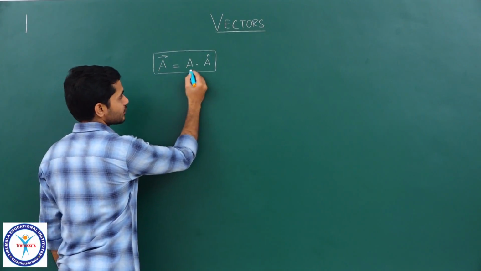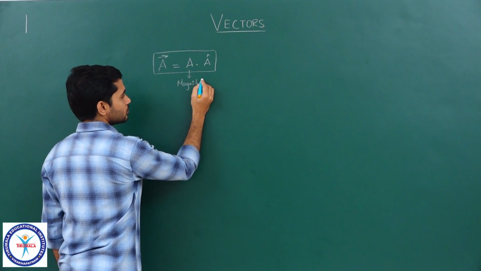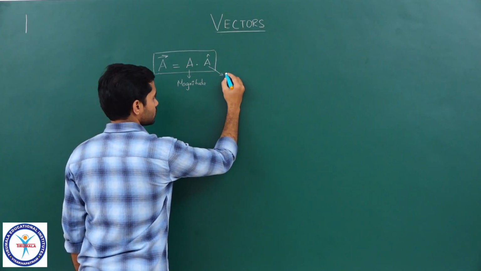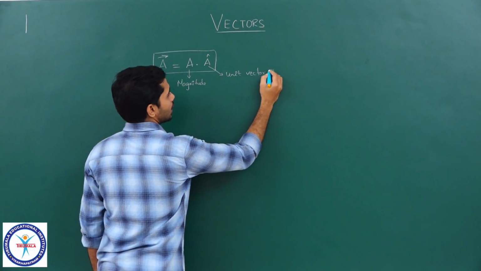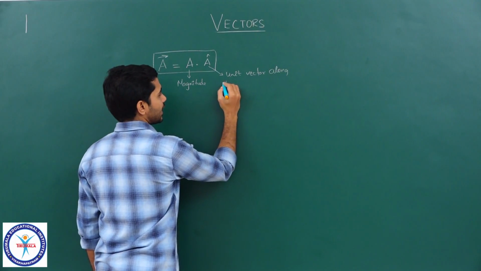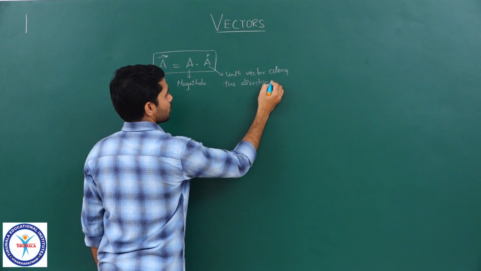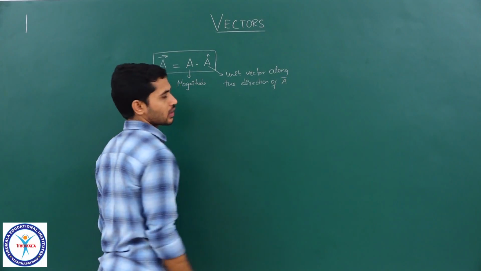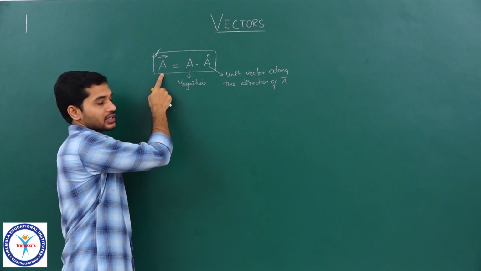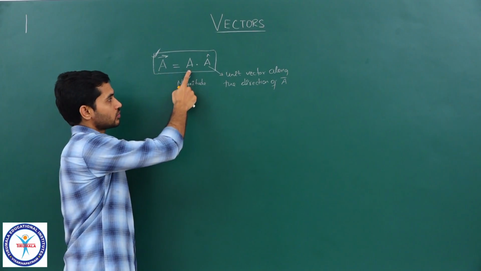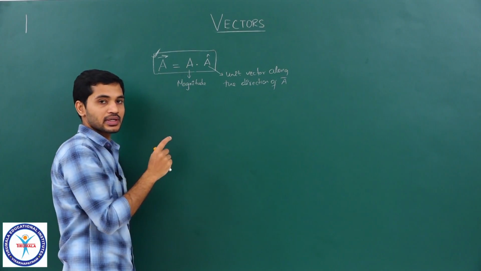This is the vector itself, this is the magnitude like I have told you earlier, and this is the unit vector along the direction of A bar. Clear, students? I hope you understood this representation. A vector has magnitude and direction. So the magnitude I am multiplying in the form of a scalar, and this A cap is a vector for sure.